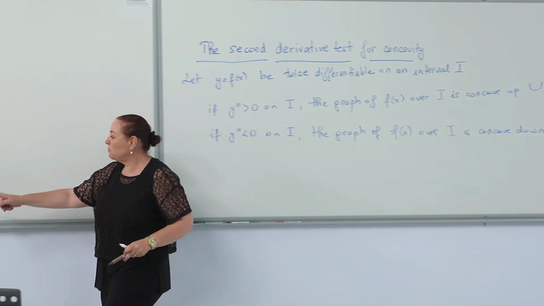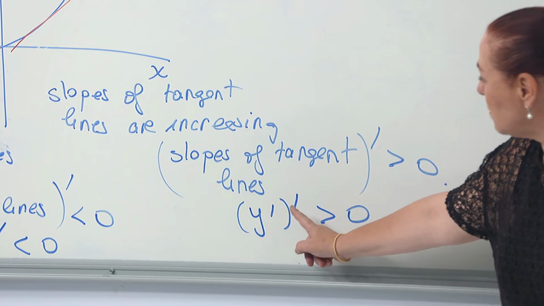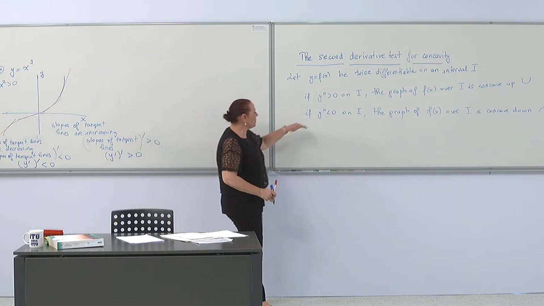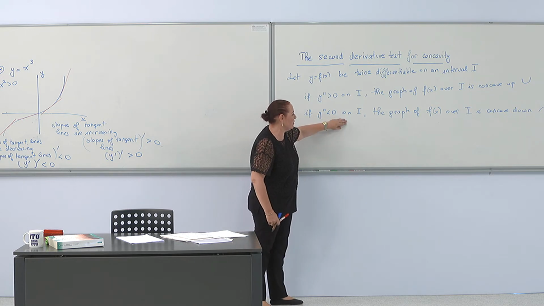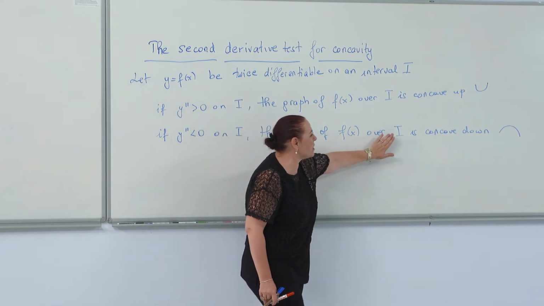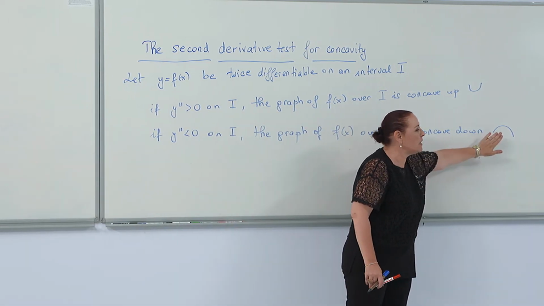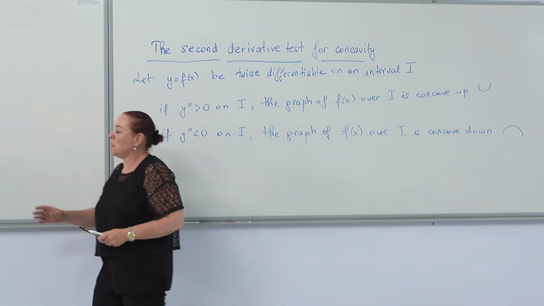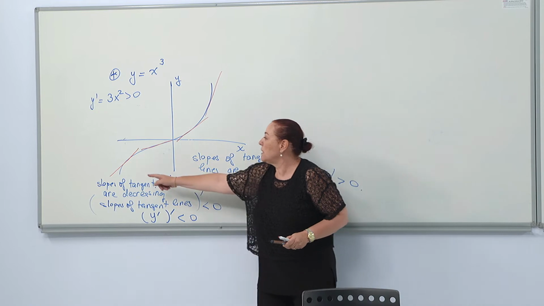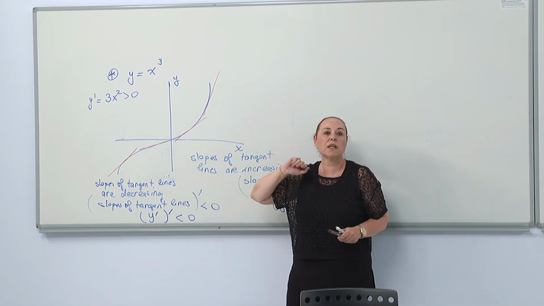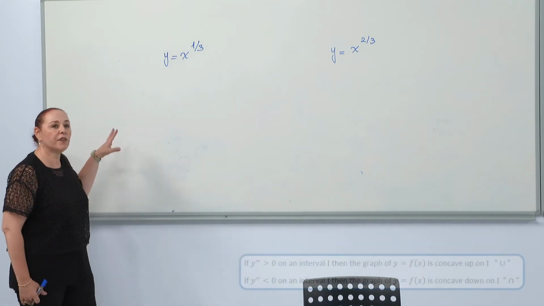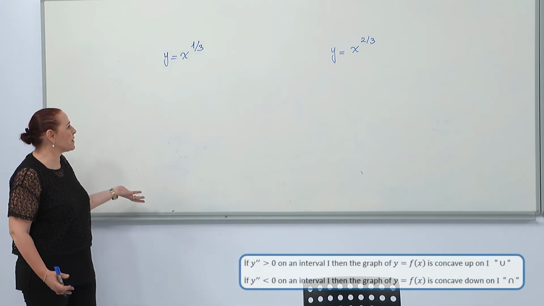So you can see if the second derivative is positive, it's concave up. If the second derivative is negative on the interval, then the graph of the function over this interval is concave down. If the second derivative is negative, it's concave down.